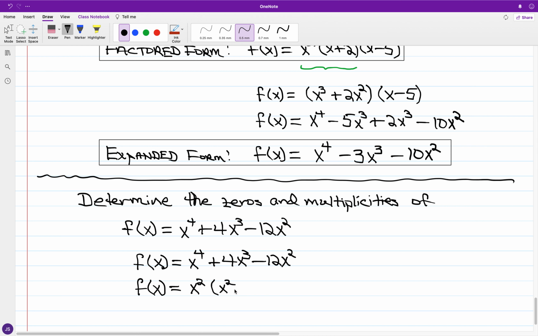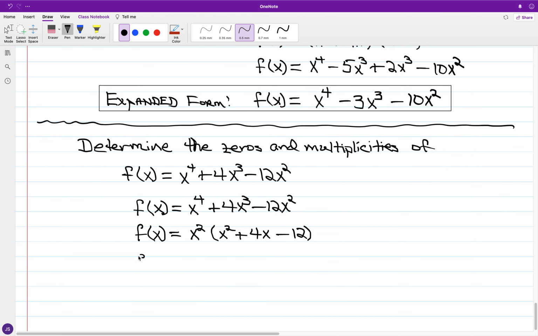Factoring out x squared, we have x squared times x squared plus 4x minus 12. And this trinomial we can factor even further. So you have f of x is equal to x squared times the quantity of x plus 6 times that of x minus 2. So this is going to be the factored form. I'm just going to rewrite this, emphasizing the degree.